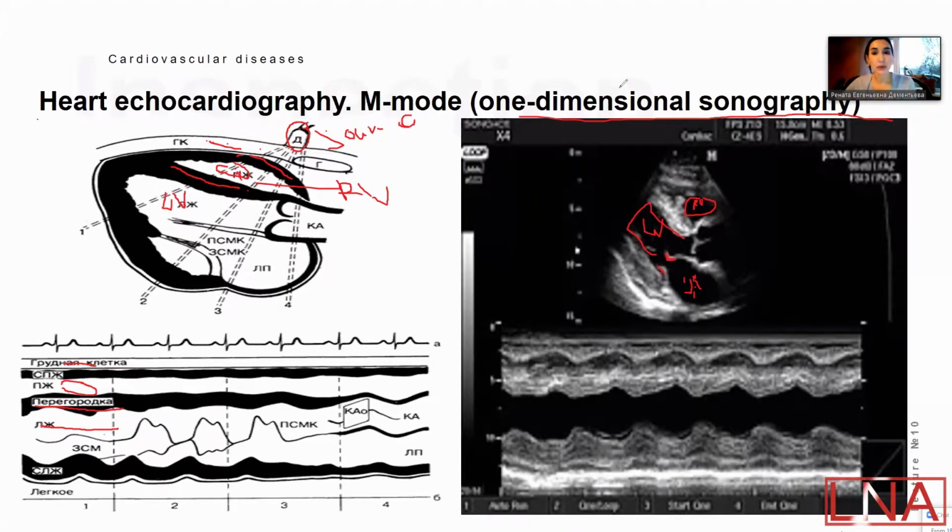And if you look at this picture, the direction of the cusps will be exactly to the inside of the chamber of the left ventricle. This way we can determine and differentiate the chambers of the atria from the chambers of the ventricles.